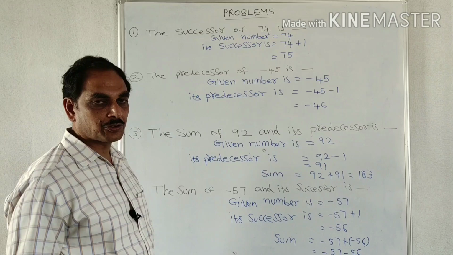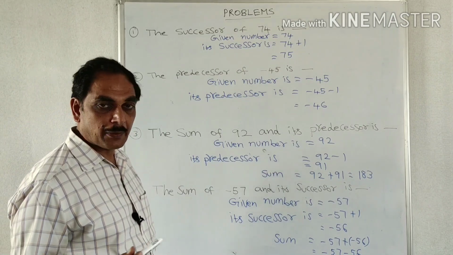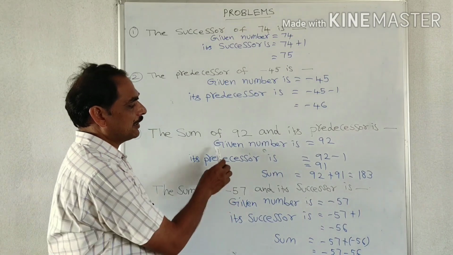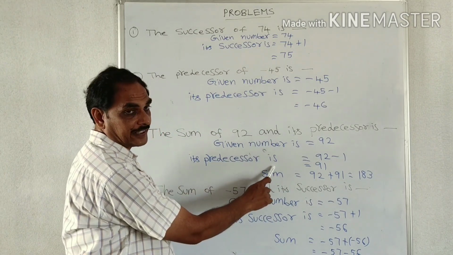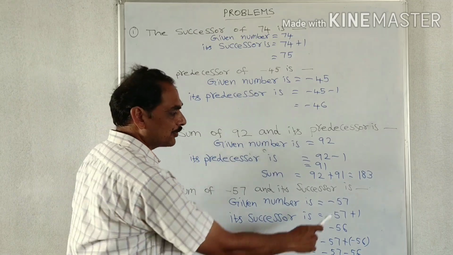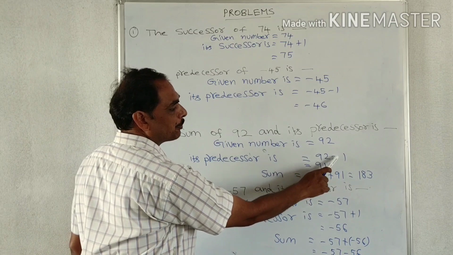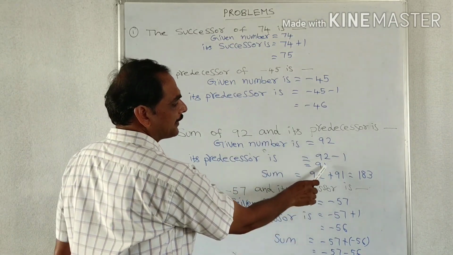To find a number's predecessor, we subtract 1 from the number. So we write 92 minus 1, and 92 minus 1 is equal to 91.